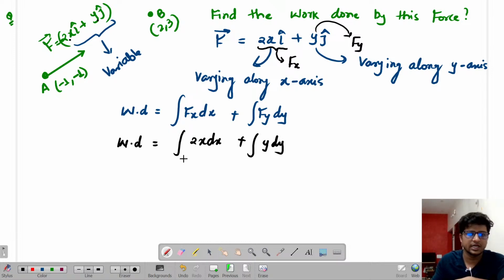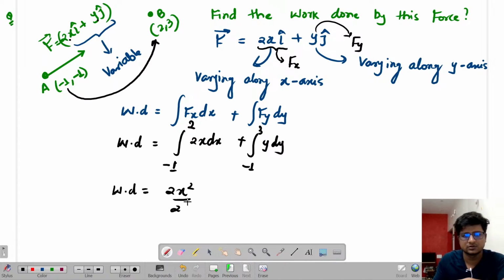Now x goes from -1 to 2 and y goes from -1 to 3. So you have to do -1 to 2 and then -1 to 3. Is that clear? So work done is equal to 2x square by 2 from -1 to 2 plus y square upon 2 from -1 to 3.